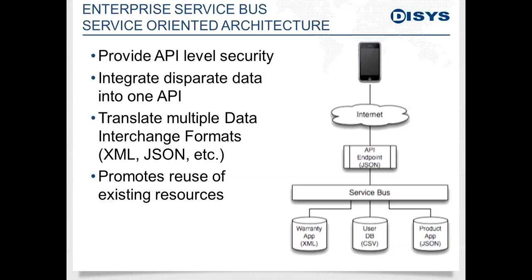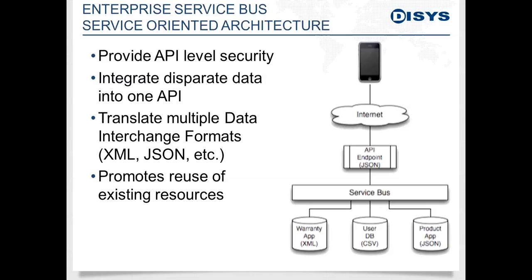So just real quick, kind of as an example, the picture that I put together here. A company has a warranty database, and its output is in XML. There is a user database that actually ties users back to like a customer number, and that's in CSV.